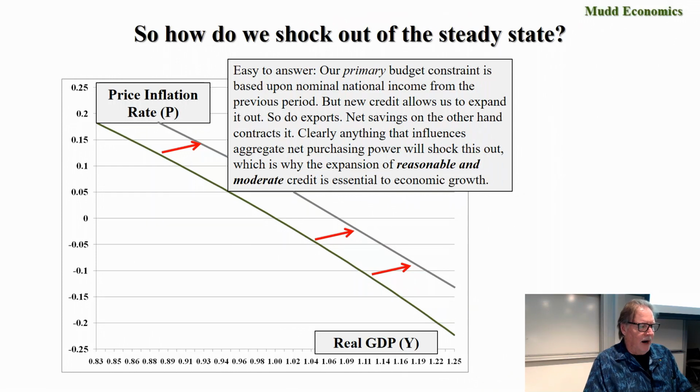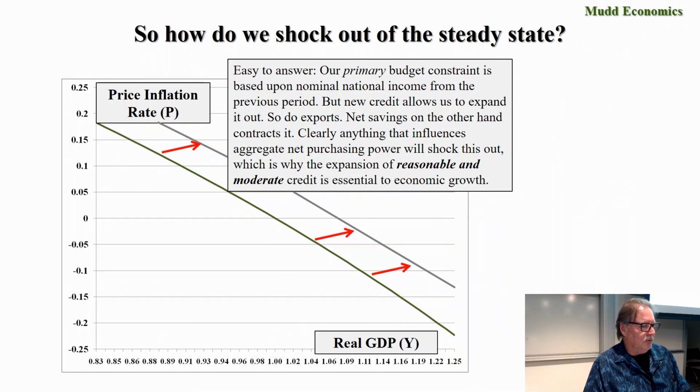Well, our primary budget constraint, again, our capacity to buy what is available for sale, is constrained by the fact that our income has an upper bound. And historically, that was a significant constraint. But we have found ways to go beyond that upper bound institutionally, and those methods explain how we can shift this curve out.